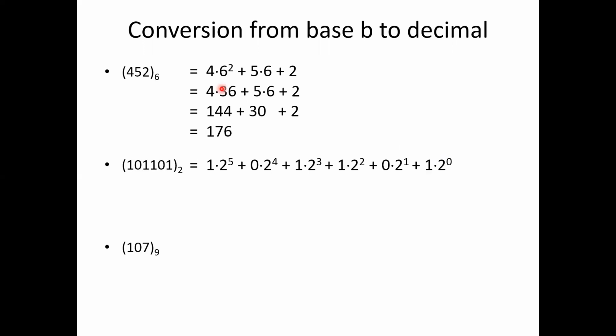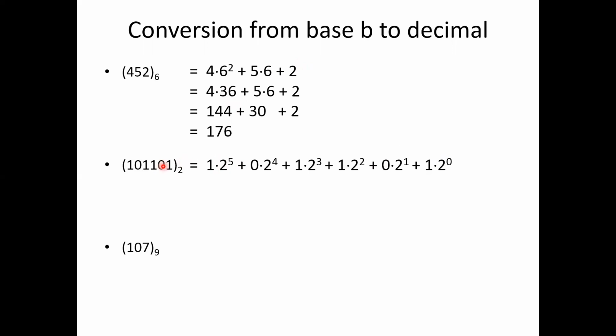This is simply this equation here instantiated for a given base. This is instantiated for base 6, and this is hidden 6 to the 0, which is a 1. This is base 2, so it's this string of consecutive powers of 2.